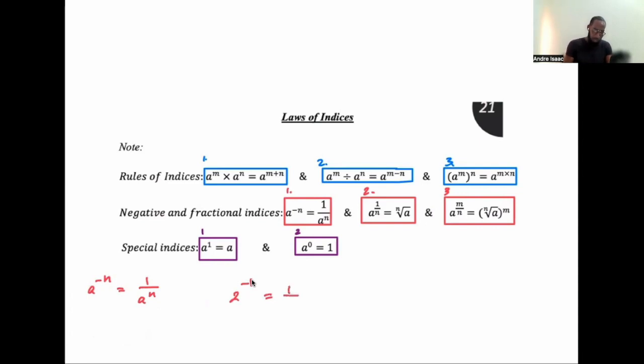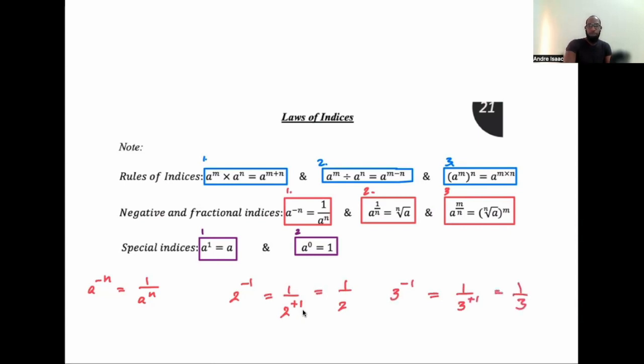So I can rewrite this as 2 to the plus 1, which is equal to 1 over 2. So instead of writing it like this, I put it to the bottom. If I have 3 to the negative 1, the original position is the denominator. So I put 1 over 3 to the power plus 1, or just a third.